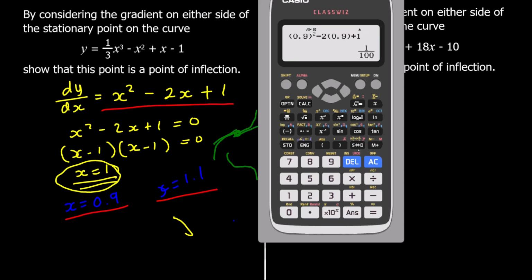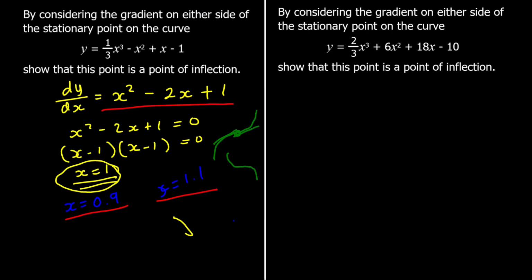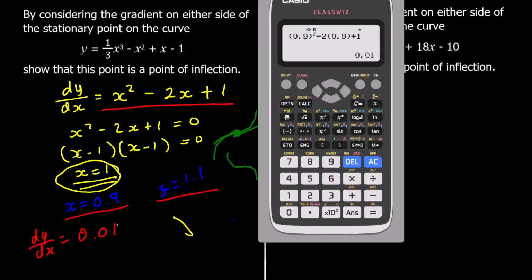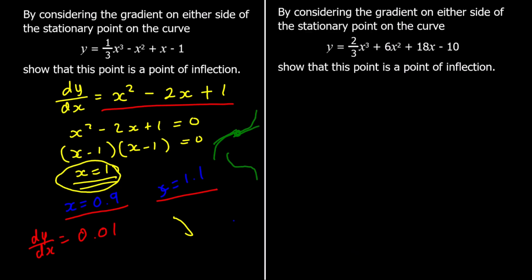So that's 1/100th, 0.01. So dy/dx equals 0.01. For 1.1, we have 0.01 again.